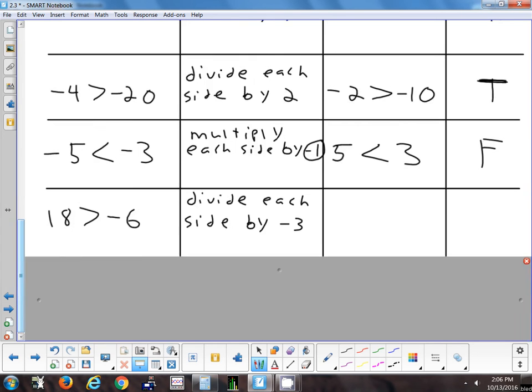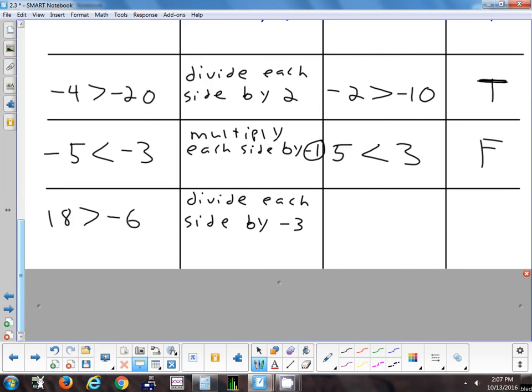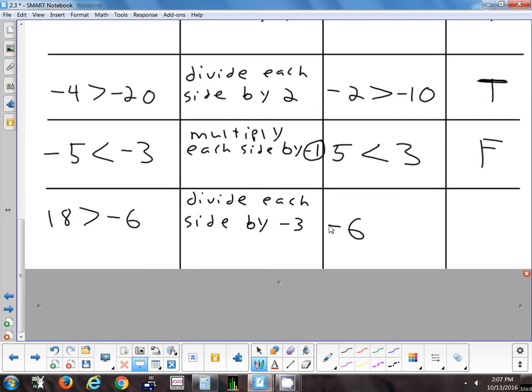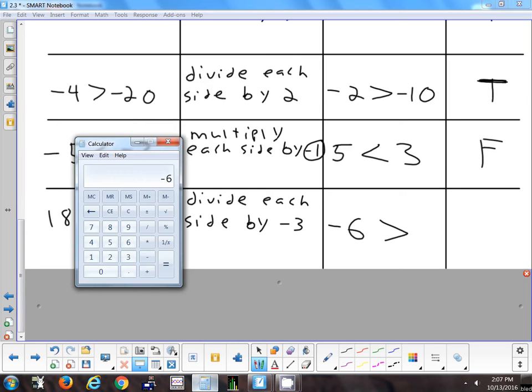Let's try this one. Does everybody agree 18 is bigger than negative 6? Yep. Let's divide each side by negative 3 and see what we get. 18 divided by negative 3 is negative 6. And negative 6 divided by negative 3, I get 2.